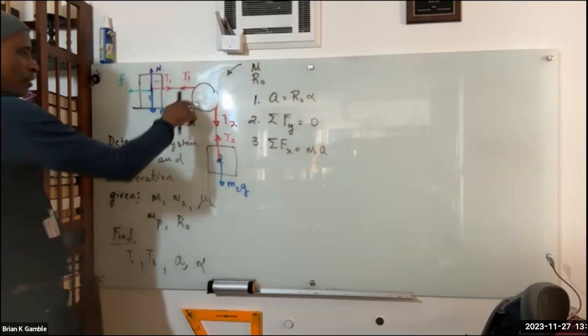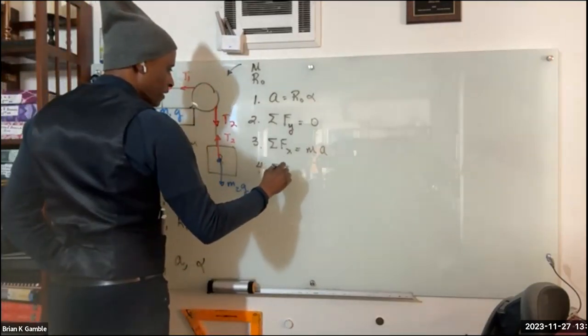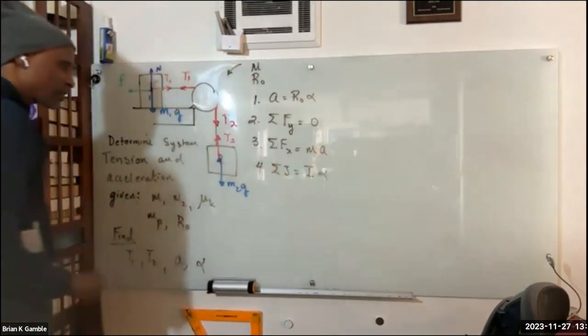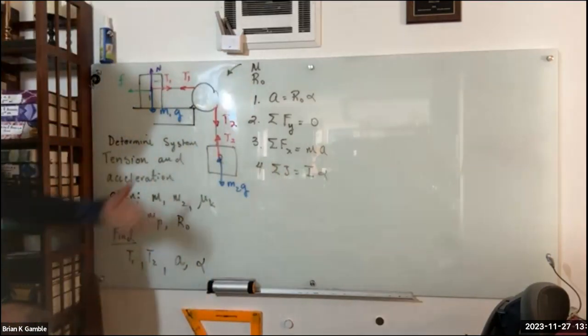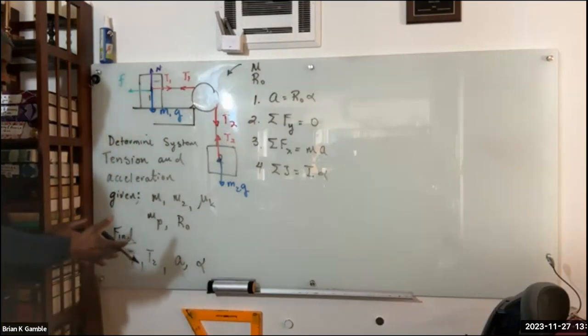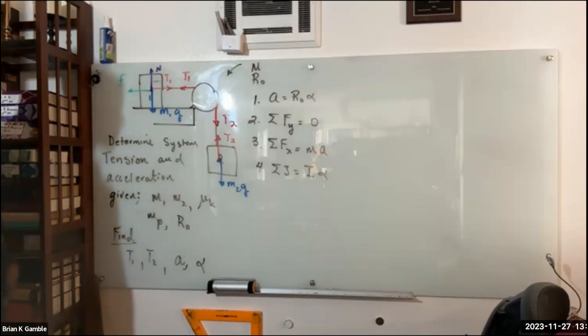But now on the pulley, we also have the net torque equals the moment of inertia times the angular acceleration. So we have four equations, so four unknowns, so we have to have four independent equations. Those are the equations that we're going to be using, and that will give us a system of equations that we can then solve to find all of our unknowns.